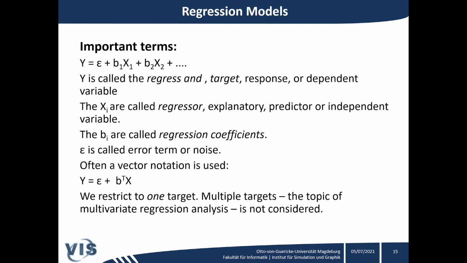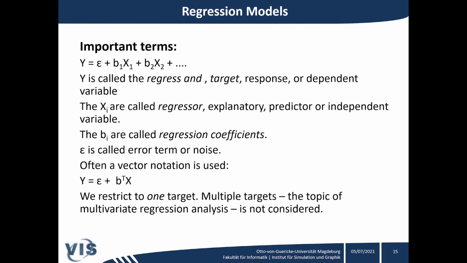The bi are called regression coefficients. They are the weights of the independent variables. A value very close to 0 indicates little to no relationship with the dependent variable, and large positive or negative values indicate large positive or negative relationships, respectively.